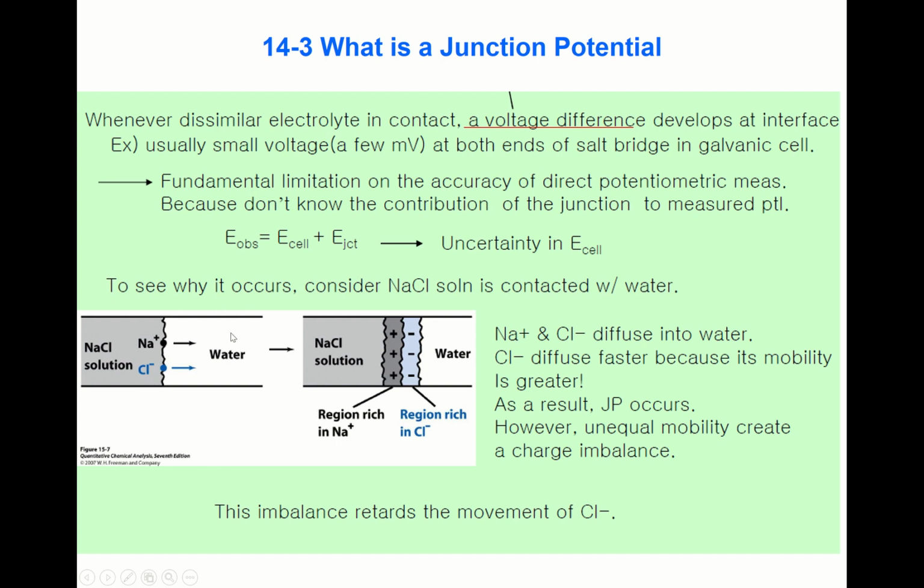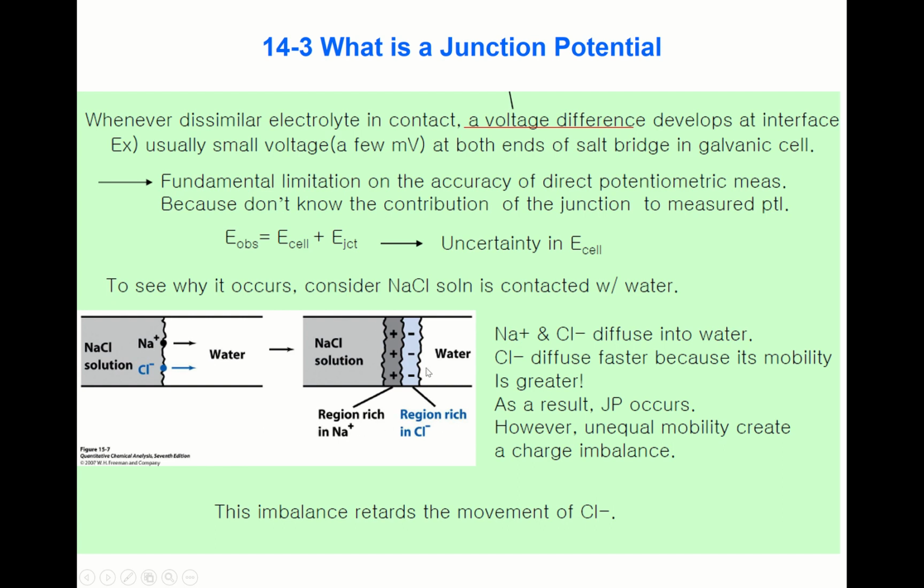But which one runs faster, sodium ion or chloride ion? Both ions diffuse into water, but the chloride ion diffuses faster, although only a little. So chloride ion runs faster than the sodium ion.